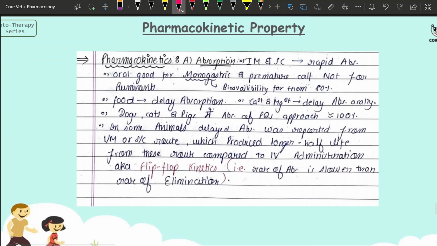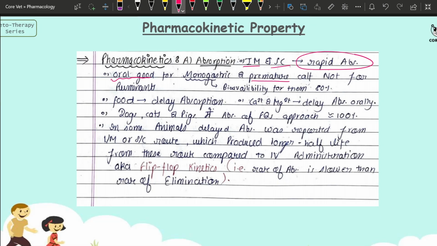Discussing the pharmacokinetic property of the fluoroquinolones. So first of all, we all know there is what? Absorption, distribution, metabolism, and the excretion. Talking about the absorption, generally these fluoroquinolones are given through the intramuscular and the subcut route, as there is rapid absorption through these routes, and it is also given orally in the monogastric animal and premature calf, but not in the case of the mature ruminants, due to the what?